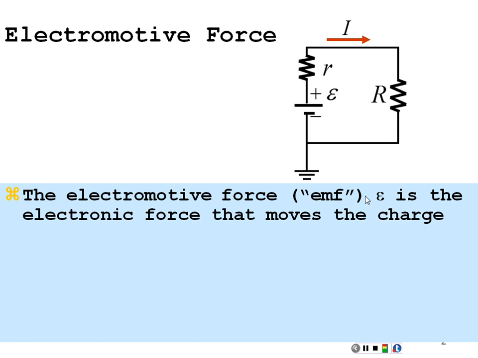A word about the electromotive force, or EMF, represented by the symbol epsilon. That is the impetus to cause charges to move in a circuit. Basically, it is the voltage of the battery. Strictly speaking, it is the voltage of the battery before considering the internal resistance of the battery.